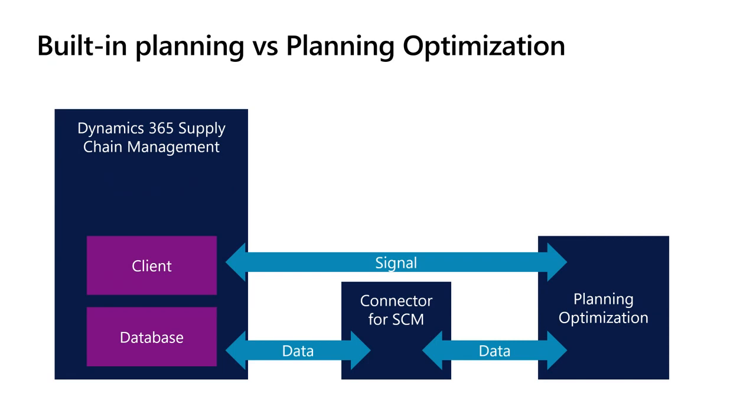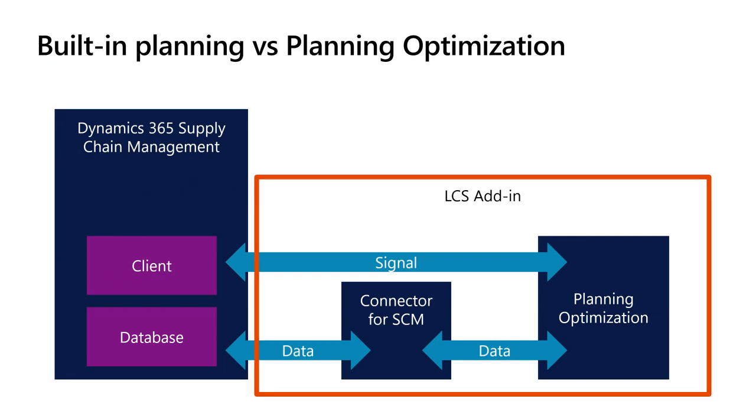The logic used in planning optimization uses the same parameters as classic planning, with some minor differences which are noted in our documentation. This means it is the same master data and same setup as classic master planning.